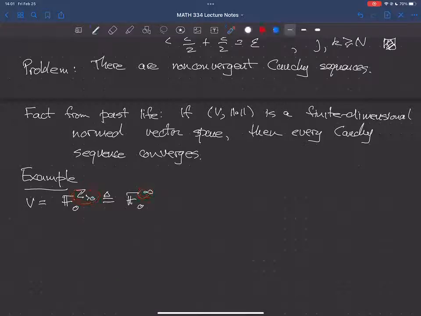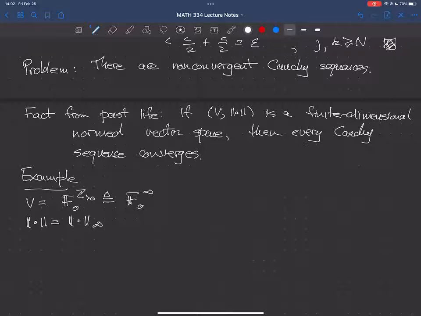In any case, that's the notation I'm going to use. And what's the norm that I'm going to use? For the purposes of this example, we'll look at other norms for the same example later, but we're going to use the infinity norm to start out with.